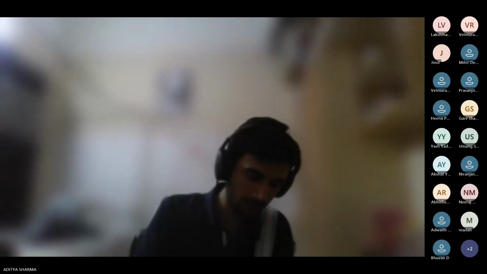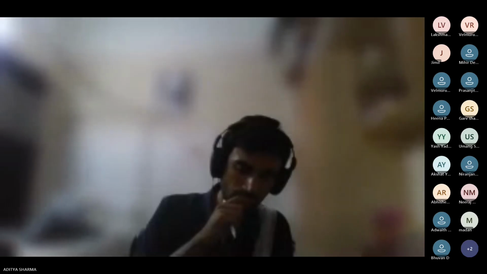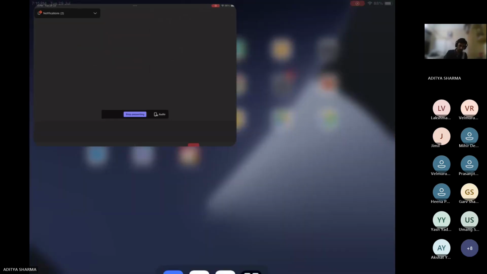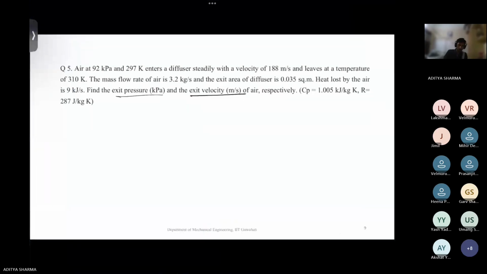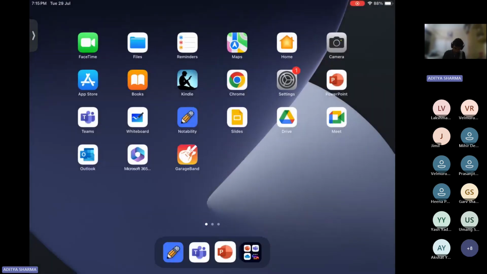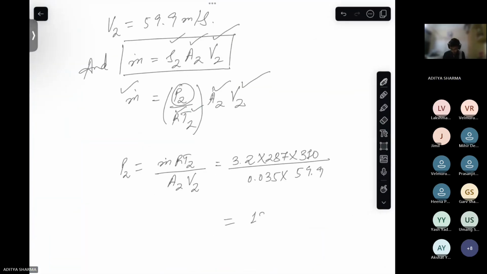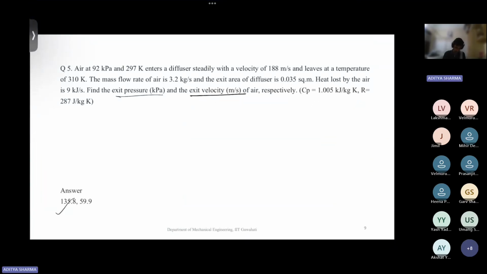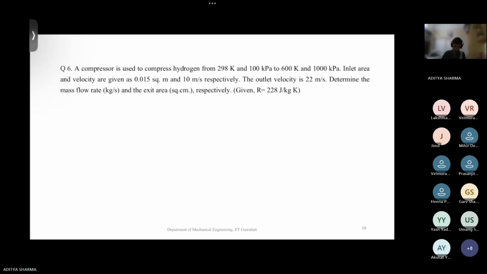Just give me a second. Yes, so 135.8. Yes, I have this answer. 135.8. The Pascal answer calculating. So this was your question number 5. Then next question.